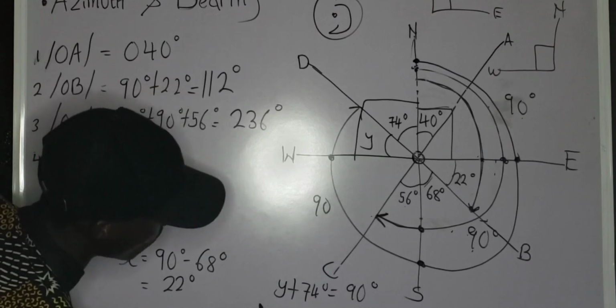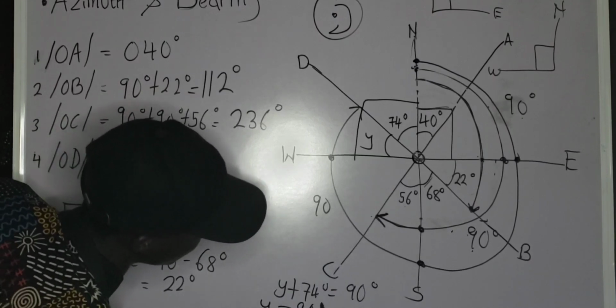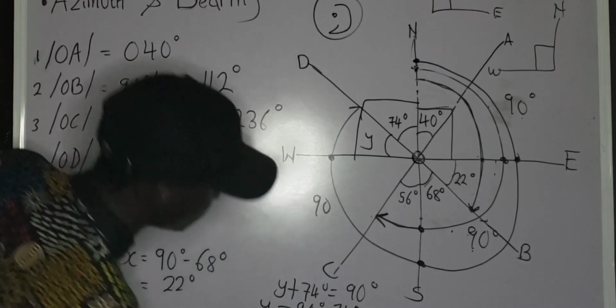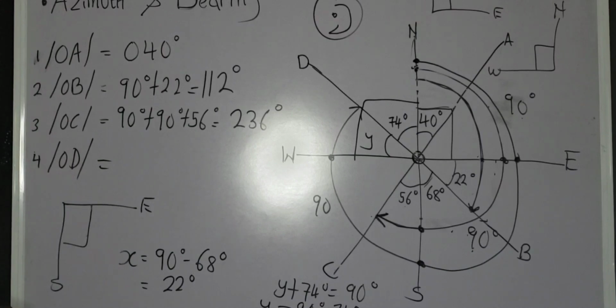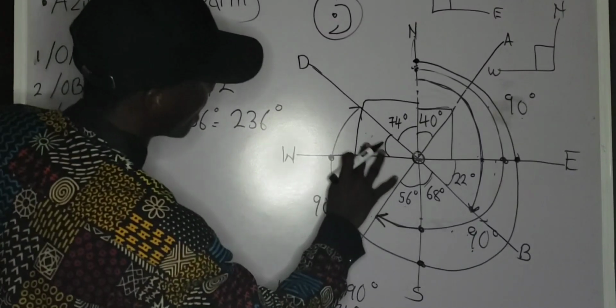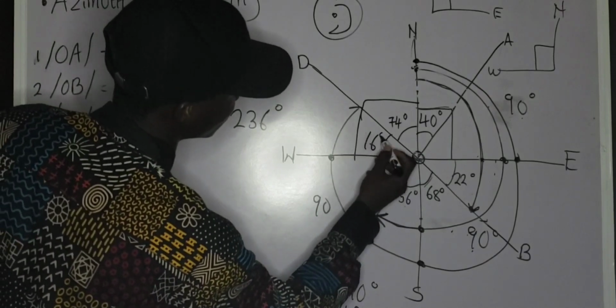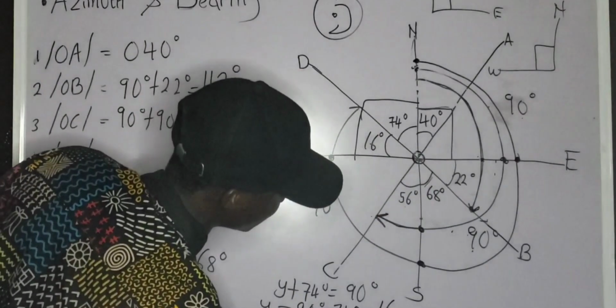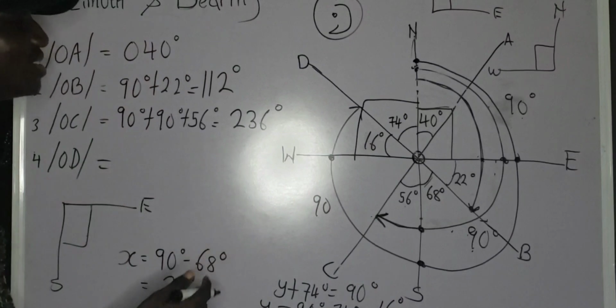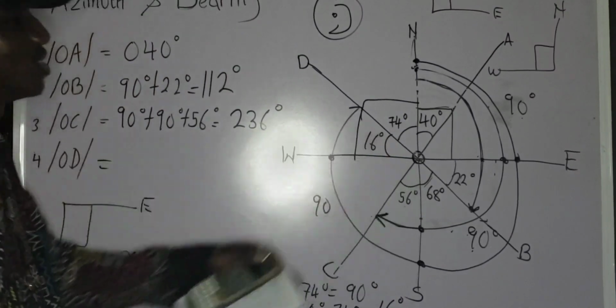So y is equal to 90 degree minus 74 degree, which is 16 degree. So the value of y here is 16 degree. If you add 74 degree plus 16 degree, you are going to get 90.